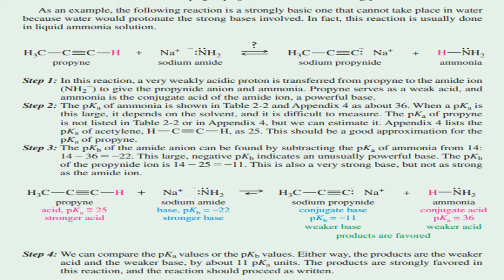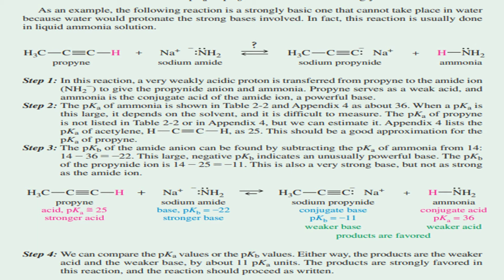In step 1, in this reaction, a very weakly acidic proton is transferred from propyne to amide ion to give propanide anion and ammonia. Propyne serves as a weak acid and ammonia is the conjugate acid of the amide ion, a powerful base. The pKa value is shown in the table in the appendix as about 36.